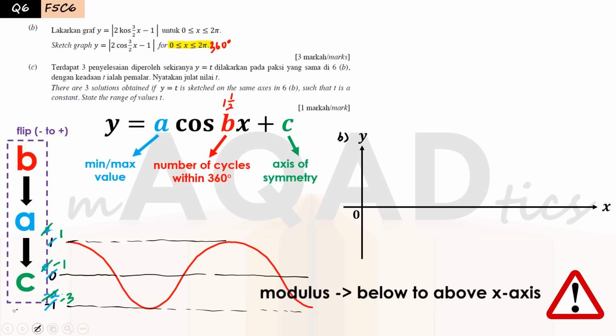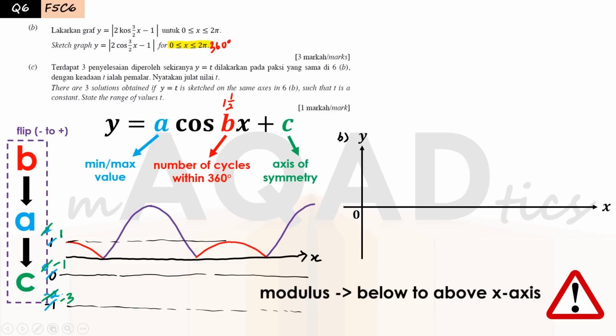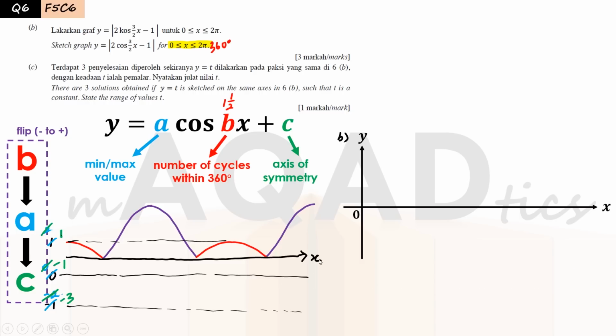Now our x-axis is somewhere between 1 and minus 1, right? So the x-axis would be somewhere here. These are the parts which are below the x-axis, so I'm going to move them above. Below the x-axis to be above the x-axis, and this would be our graph.